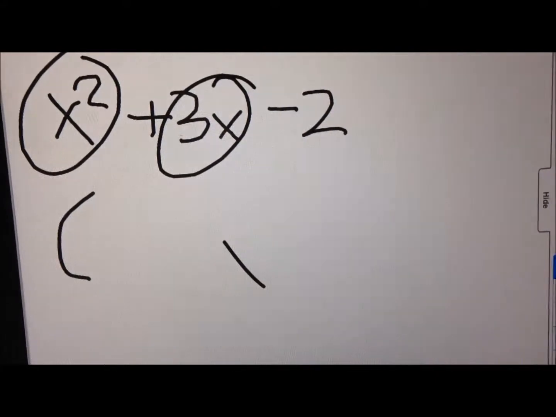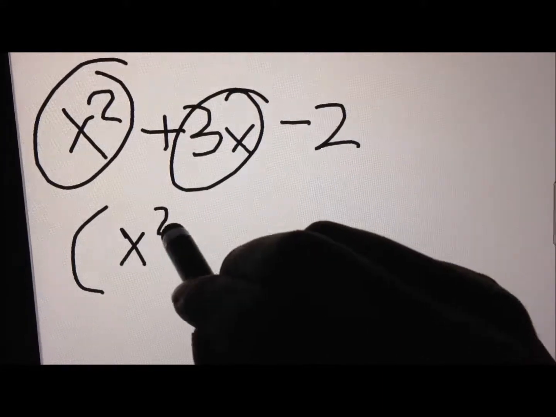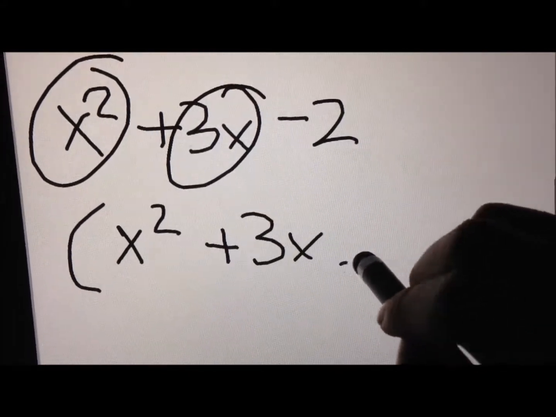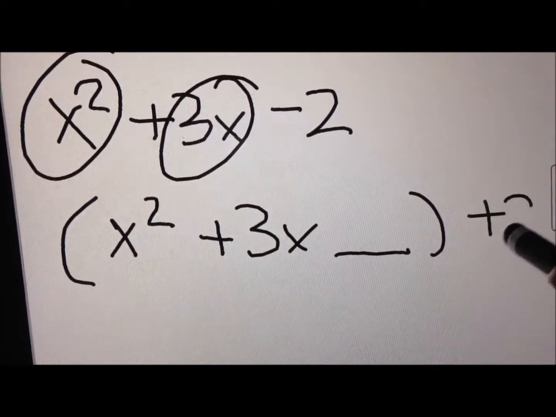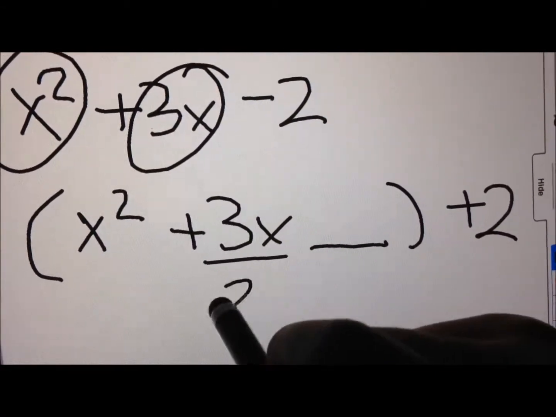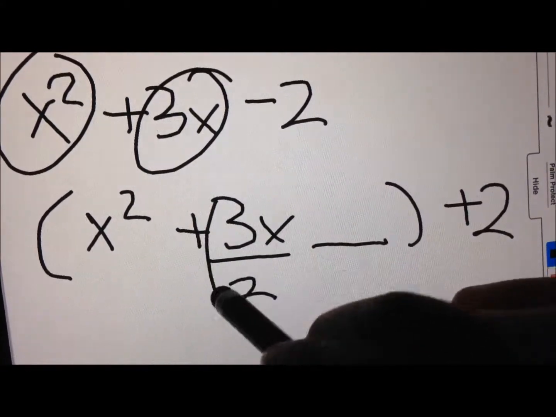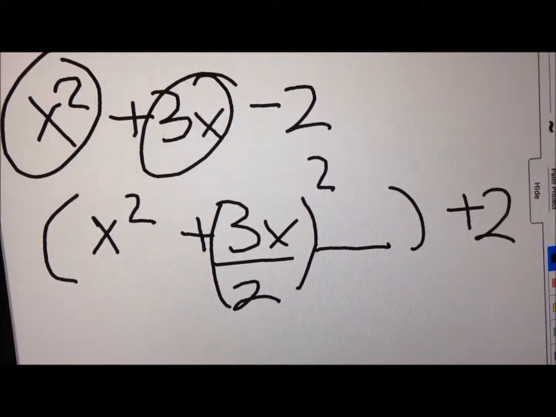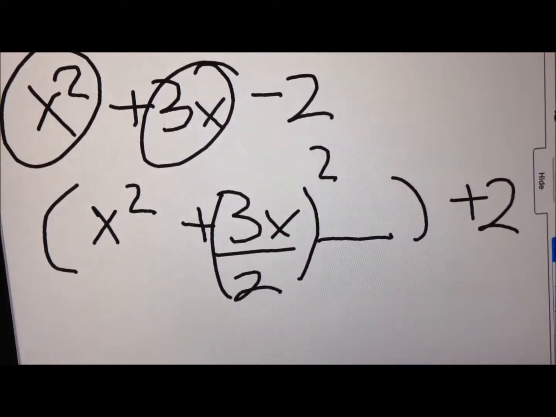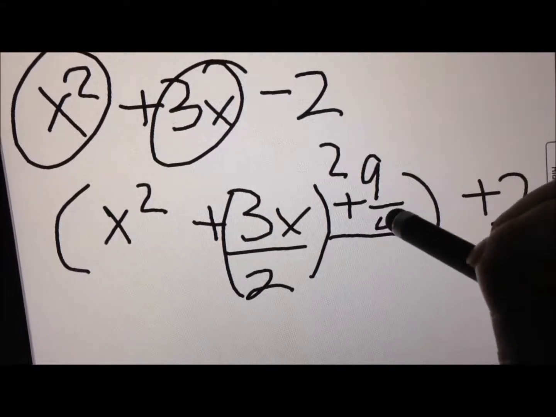So we will group x squared and 3x, leave a blank here, and add the 2 on the outside. And then you would divide this middle number by 2, and then you would square it. So, all in all, that gives you 9/4. So, positive 9/4.